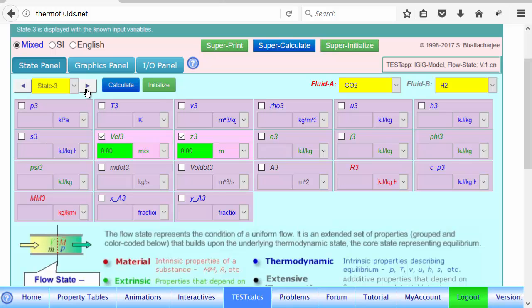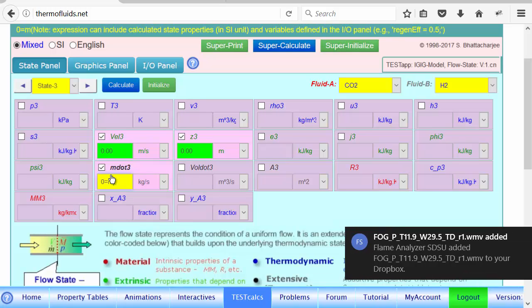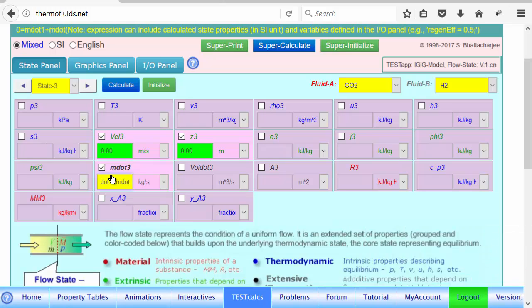For state 3, the exit state, we know first of all the mass flow rate is m dot 1 plus m dot 2. What about xA? Well, we know that to compose the mixture, the mass fraction of CO2 must equal the mass of CO2 that is coming, which is m dot 1, divided by m dot 1 plus m dot 2.